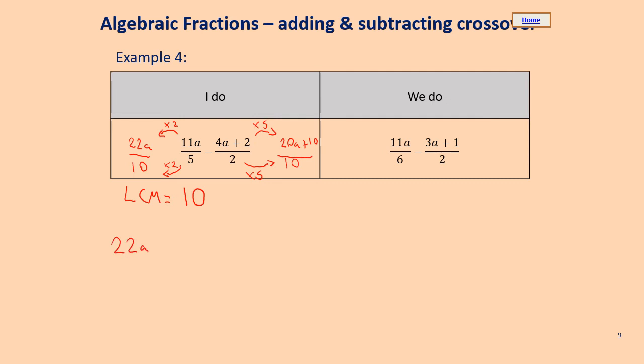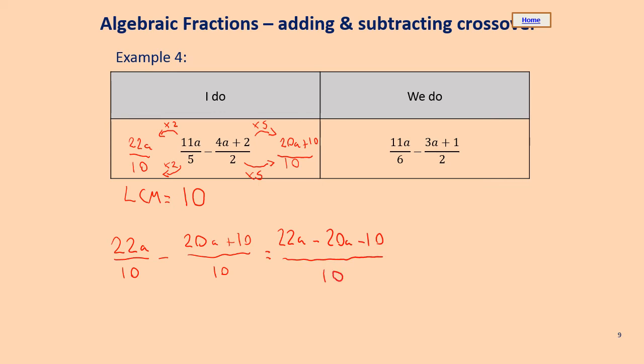So I'm going to write 22a over 10 minus 20a plus 10 over 10. Write this as one fraction, so we've got 22a minus 20a minus 10, remember, because it's minus a positive 10, so it's minus 10 over 10.